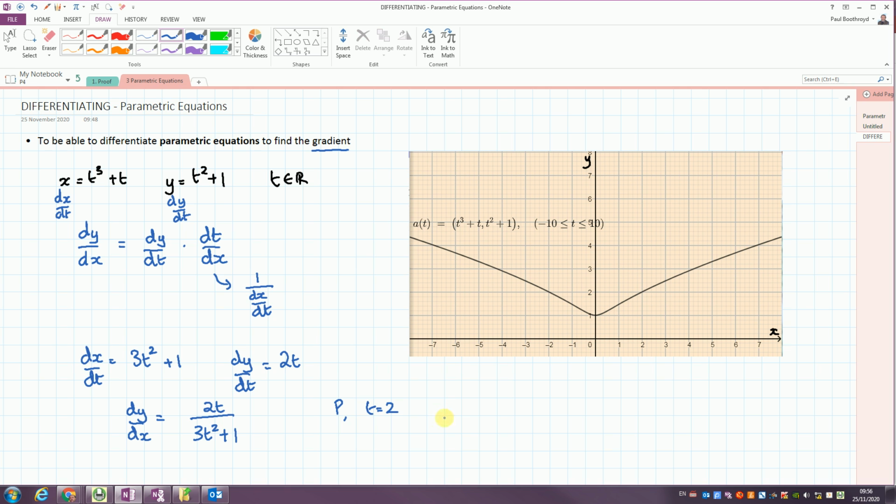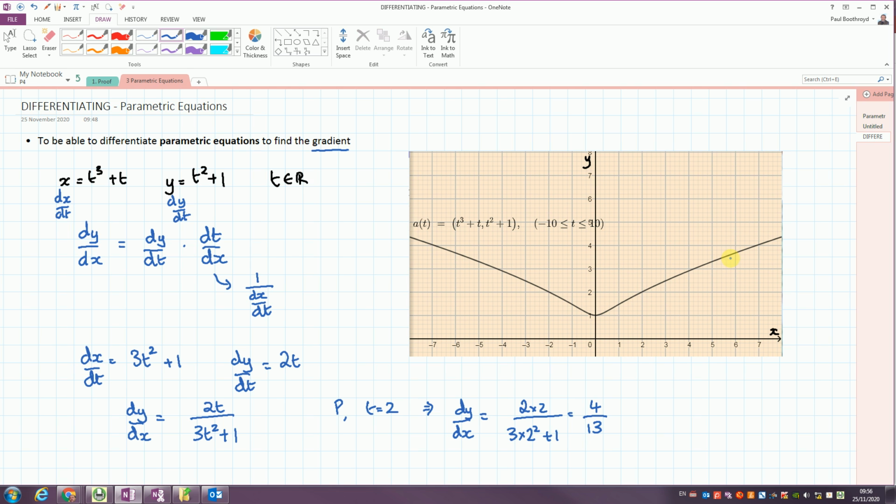We put it into the equation for dy/dx, and we get 2 times 2 all over 3 times 2 squared plus 1, which is 4 over 13. That is the gradient.